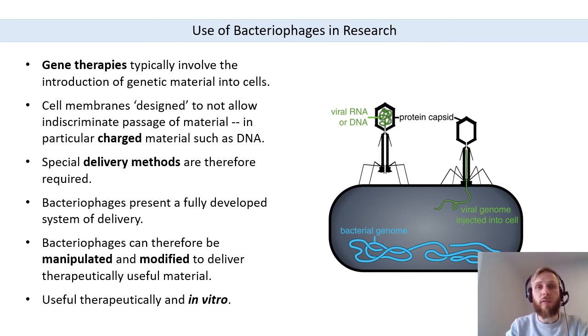And one suggestion is, if we can get this integration event to occur, then that's one way to make sure the progeny of the target cell also carry the genetic information. So this is another reason why we're quite interested in bacteriophages. It will be really difficult to get that integration to happen in eukaryotic cells, but that integration example in bacterial cells will be useful experimentally, and that is something that can be done.